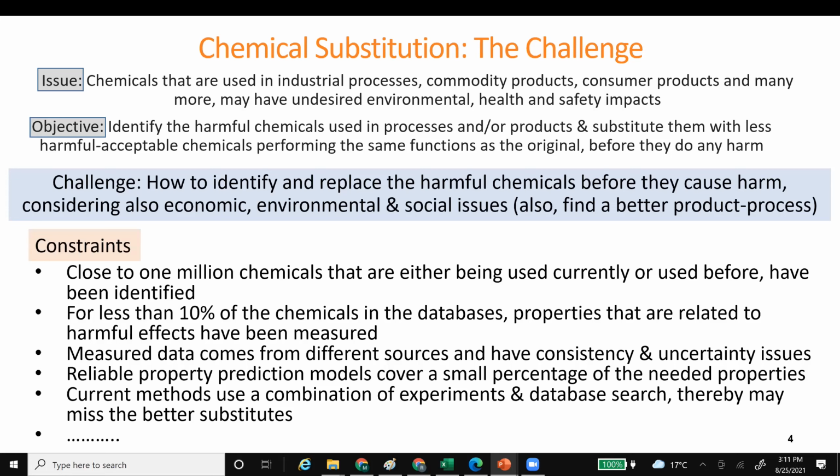If we look at some databases, I think this was also mentioned by Dr. Razia, from what we have seen there are close to 1 million chemicals that are either being used currently or have been used before. They have been identified at least. And then for less than 10% of these chemicals in the databases, there are properties related to harmful effects that have been measured.